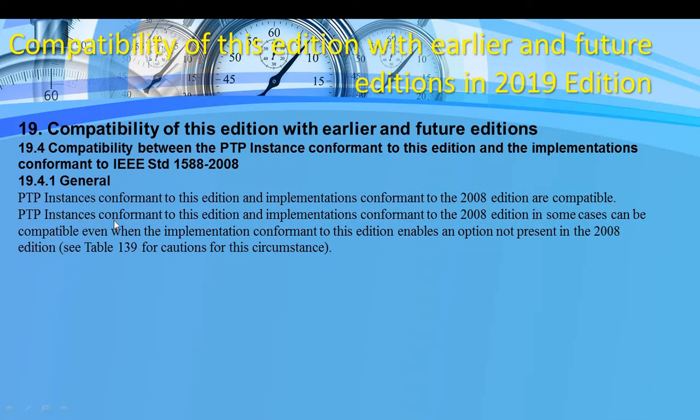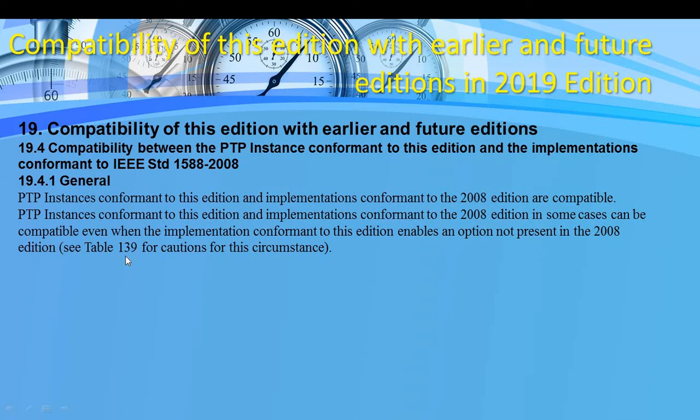PTP instance conformant to this edition and the implementation conformant to the 2008 edition in some cases can be compatible even when the implementation conformant to this edition enabled options not present in the 2008 edition.